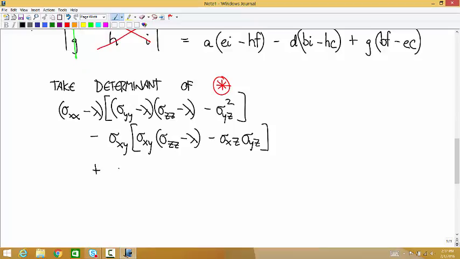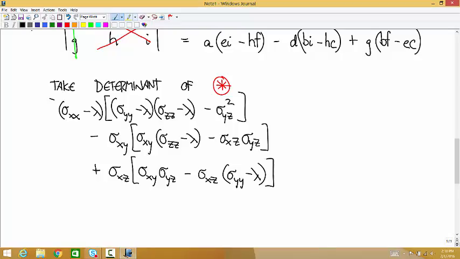and then plus sigma xz times the quantity (sigma xy sigma yz minus sigma xz times (sigma yy minus lambda)). And for that matrix not to be invertible, this has to be equal to 0.